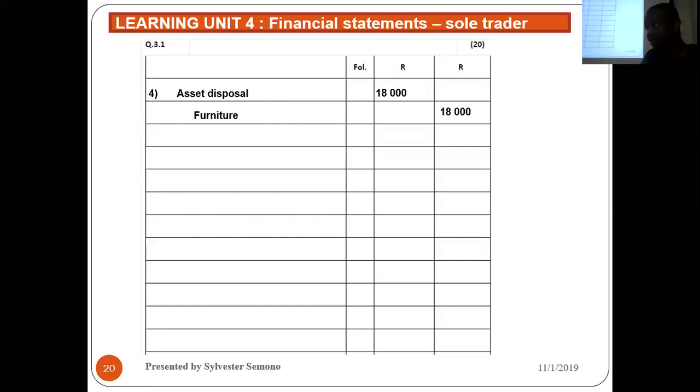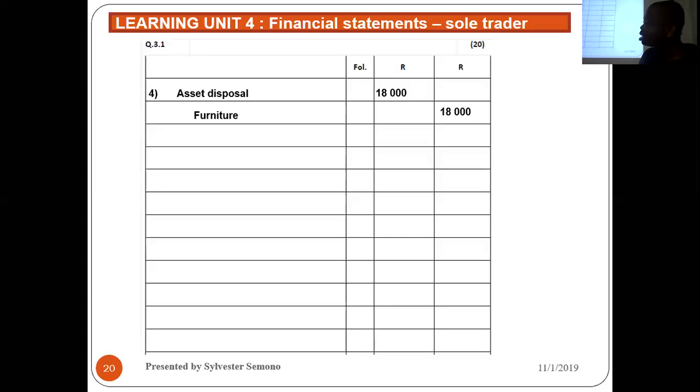What was step number 2? Selling price. How did we sell? No, that is depreciation. How did we sell? Go and check the question. They told you how we sold. Cash. So give me the 2 accounts for step number 2.